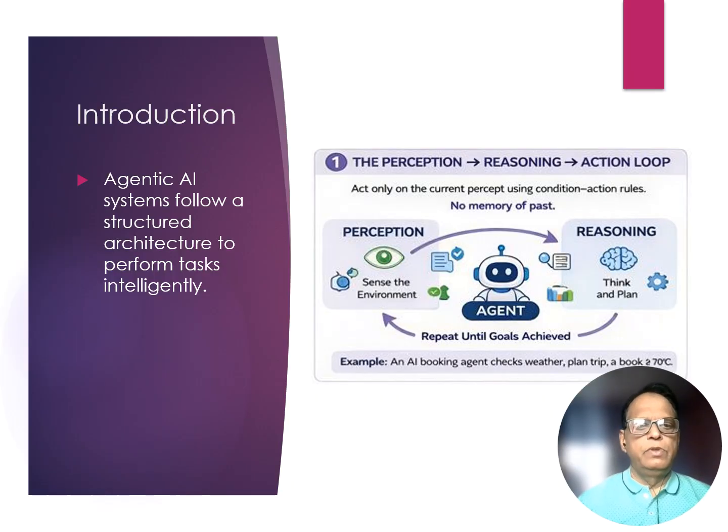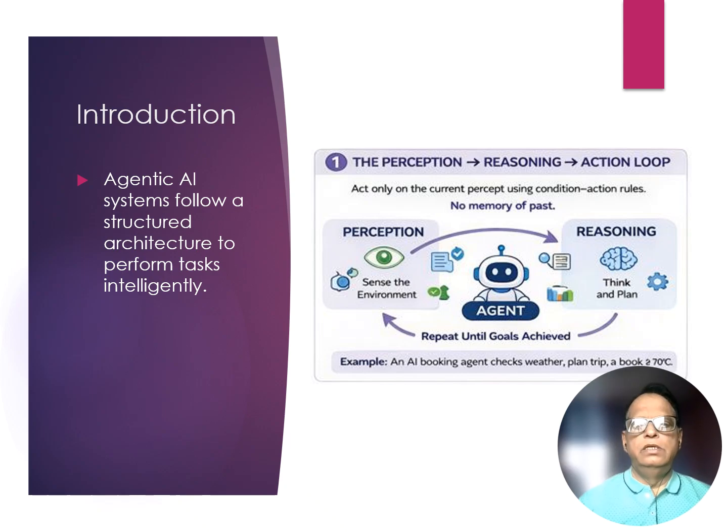Agentic AI system follows a structured architecture to perform tasks intelligently. The architecture basically consists of perception, reasoning, and then action. Sensors are used to receive the data from the environment.